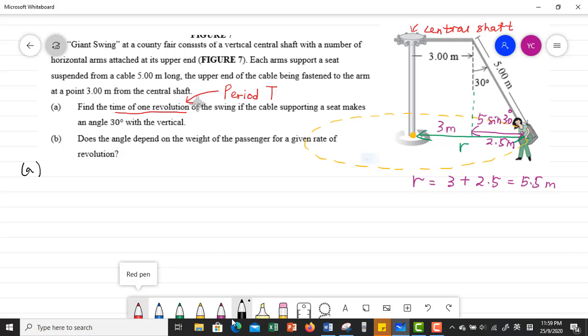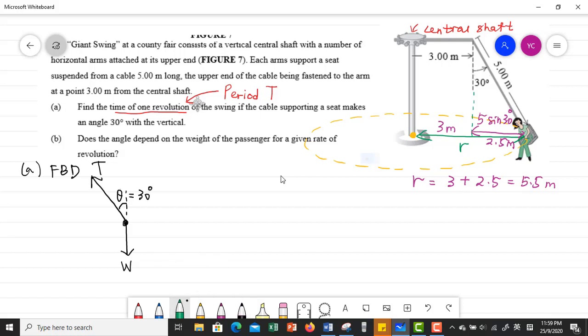In order to solve the question, I am going to apply Newton's second law for the horizontal uniform circular motion. So I have to draw the FBD first. I'm going to have the tension in the string T and the weight W. This is the angle theta, whereby theta for this situation is 30 degrees.